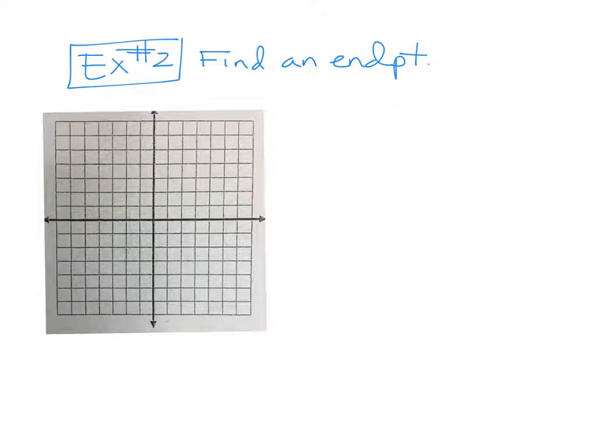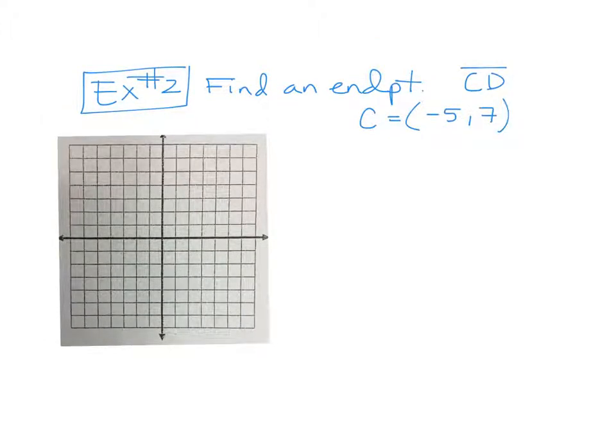All right, let's say you're given these points. You have segment CD, okay? We know that C is -5, 7.